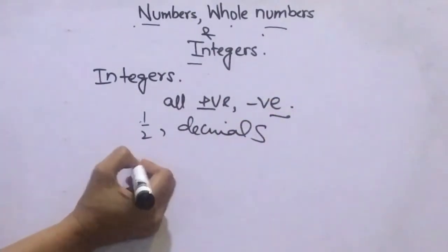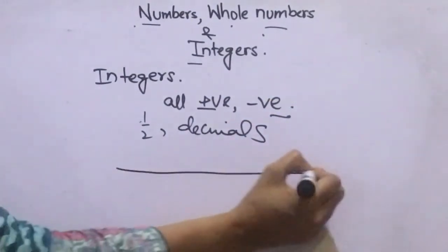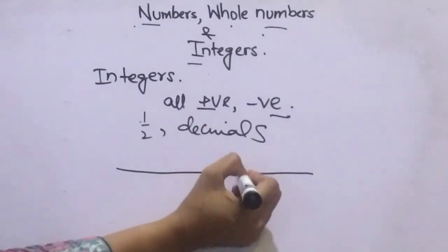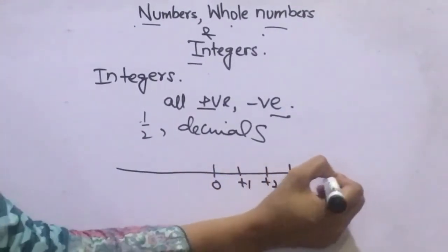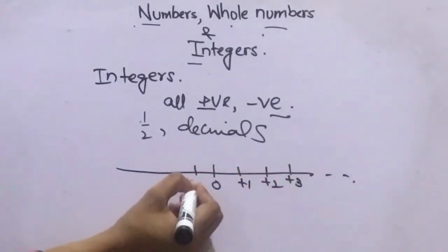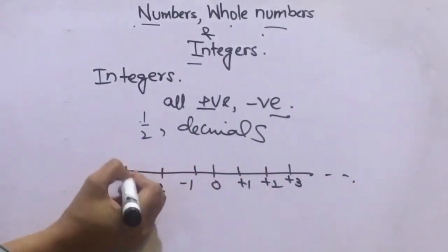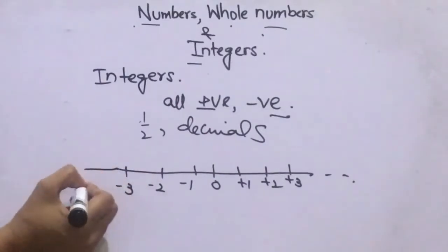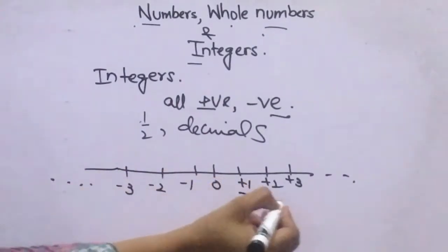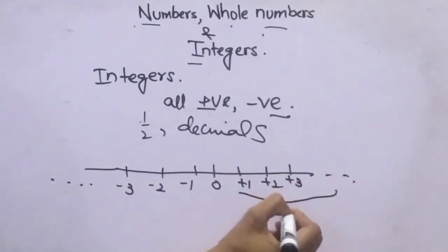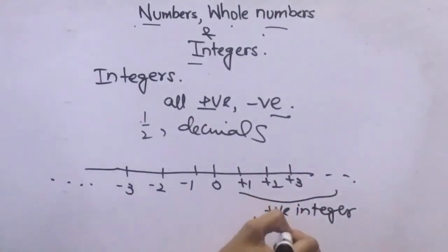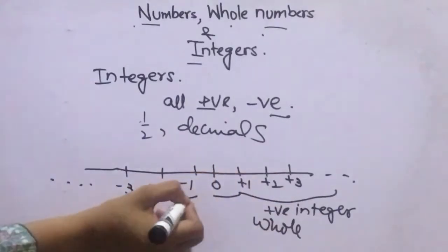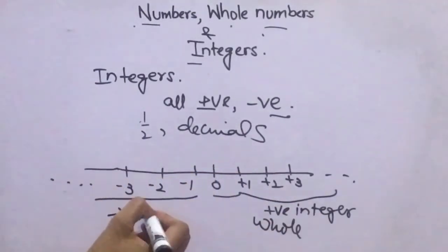For example, on a number line, 0, +1, +2, +3 and so on, and here it is -1, -2, -3 and so on. So these are all positive integers, or you can say whole numbers, and these are all negative integers.